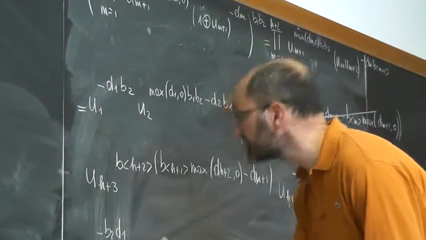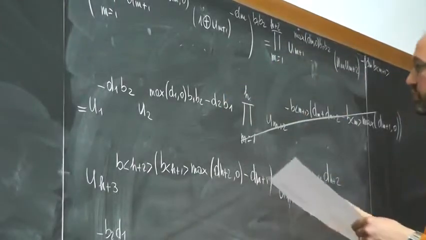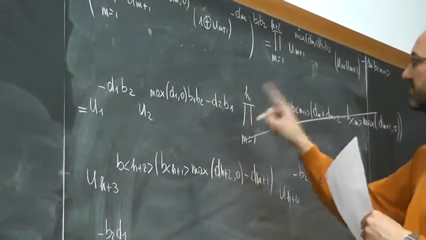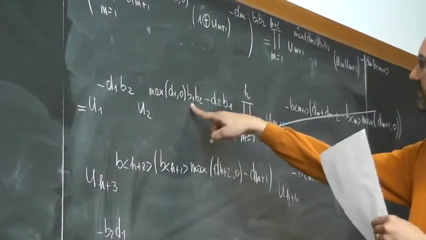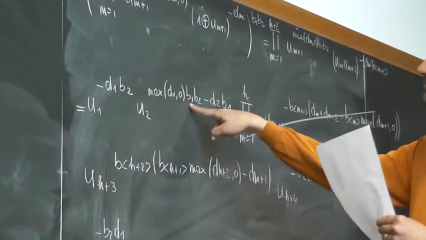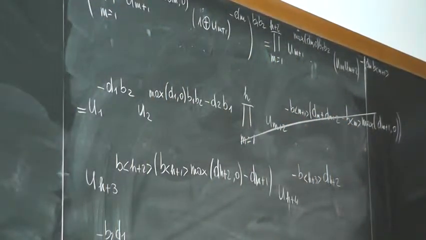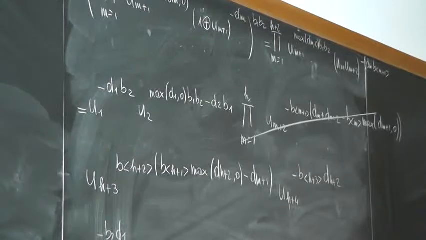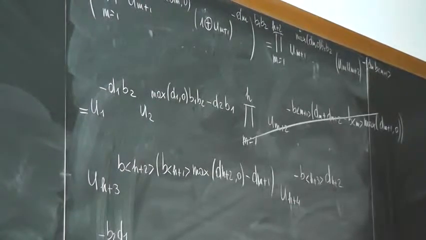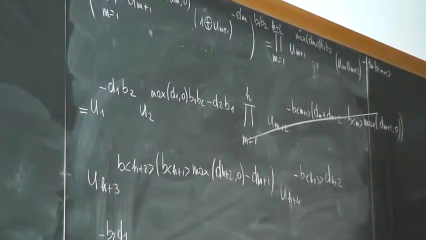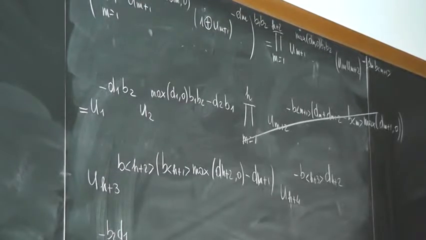For the moment I just wrote U2 B1 D0 because what do I need? Maybe we use this relation, the maximum between D1 and 0 times D2.